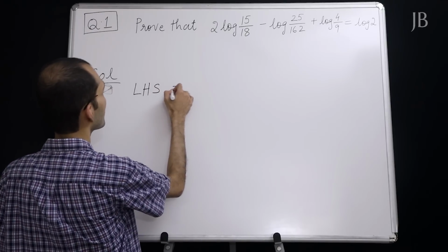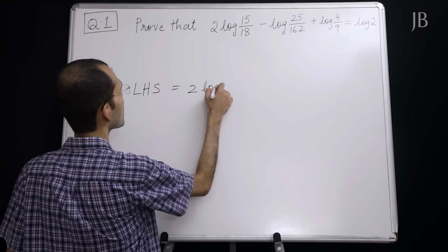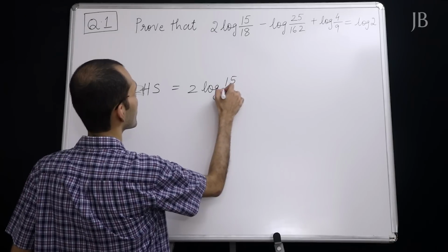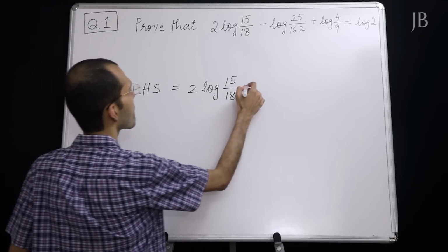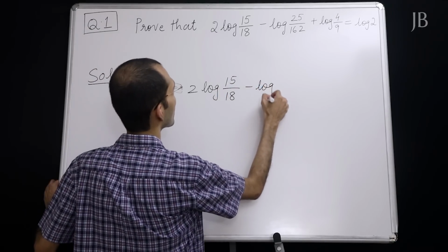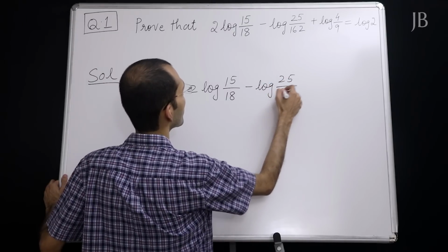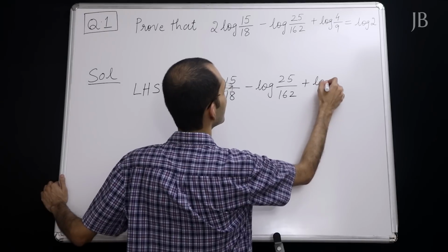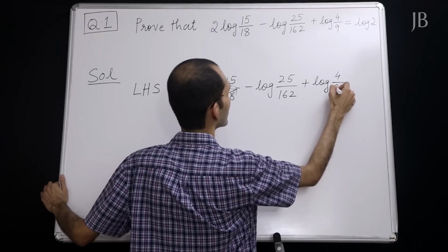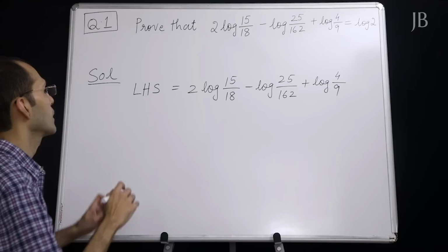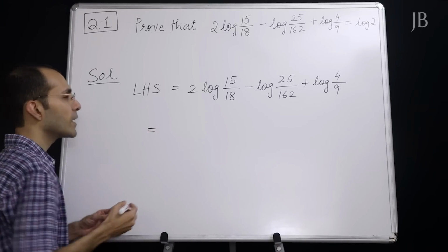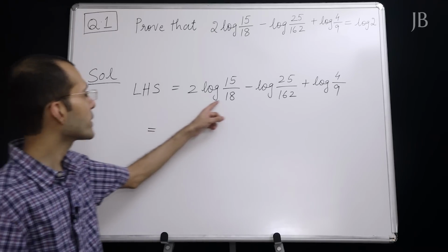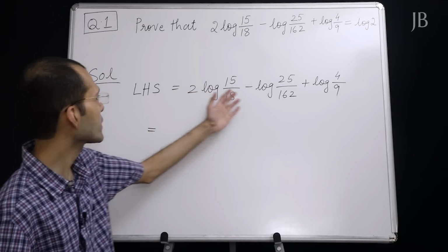Now LHS will be this: 2 log of 15 by 18 minus log of 25 by 162 plus log of 4 by 9. Now first of all, before we apply laws of logs, as you can see we can apply many laws of logs here.